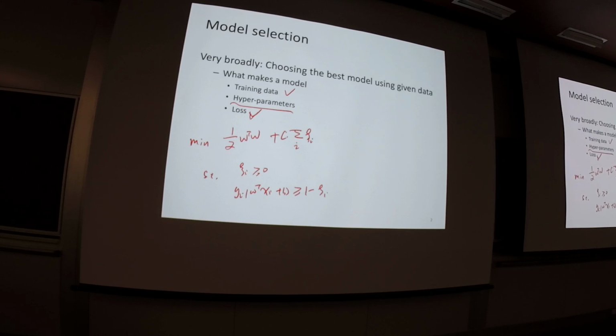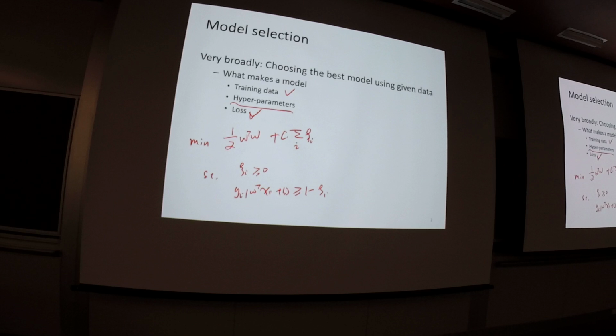You need to really know why we introduce slack variables here. We want to allow some examples to break into the margin in case your data is not linearly separable, and you cannot find any separating hyperplane. To relax that situation, we allow some examples to break into the margin or even be misclassified.